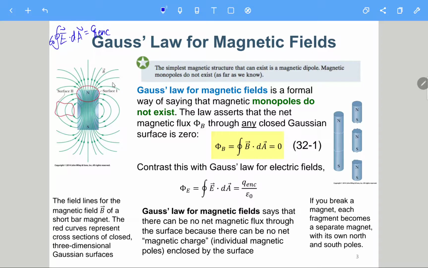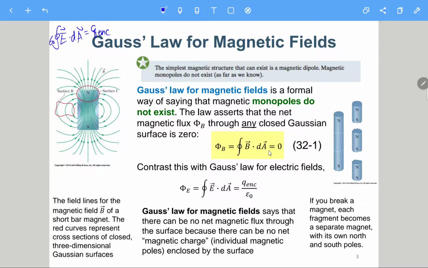So for the magnetic field, on the left side, we have also the B dot dA. But on the right side, we don't have magnetic monopole.